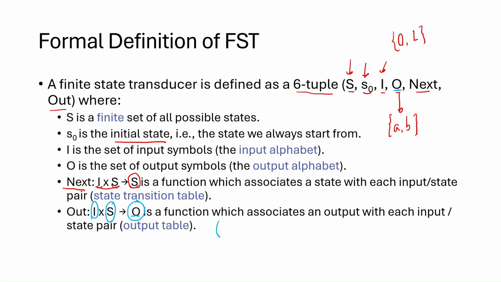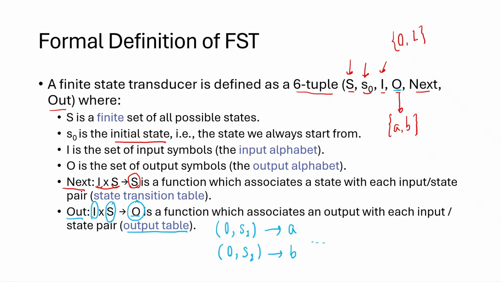So it could be that if the input is 0 and you are at S1, then you need to output an A. If you are at S2 and your input is a 0, you need to output a B, and so on and so forth. So that's what this function out does, which is similar to the output table that we introduced in the previous slide.